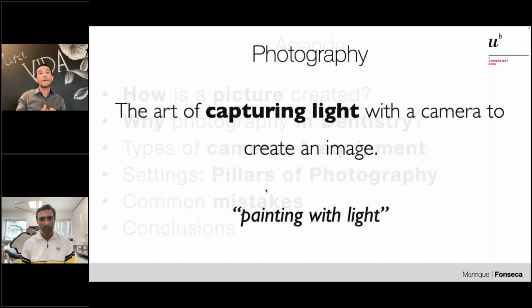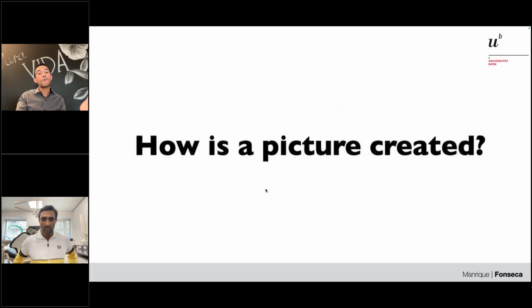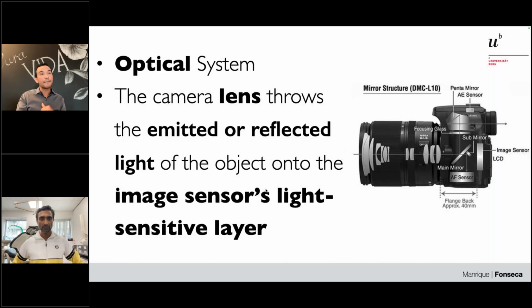So we're going to start with the definition of photography. What is that? It is the art of capturing light with a camera to create an image. It is like painting with light. Now the question is how a picture is created, and it is basically an optical system. So imagine you have veneers on a model that you will cement tomorrow in your patient.